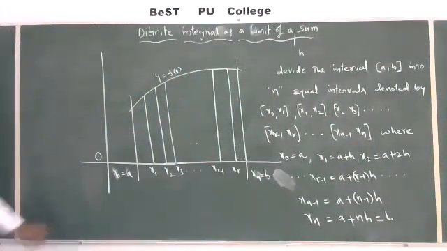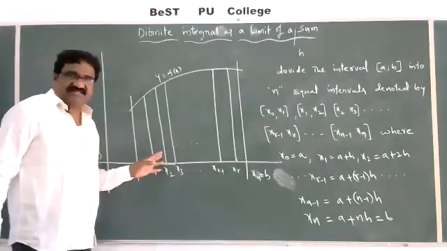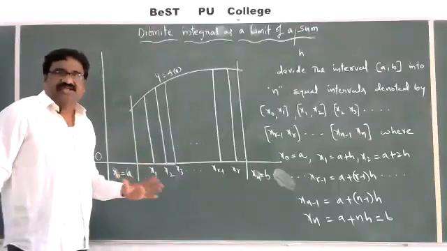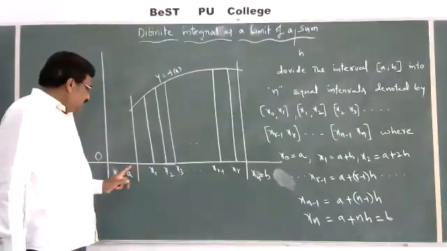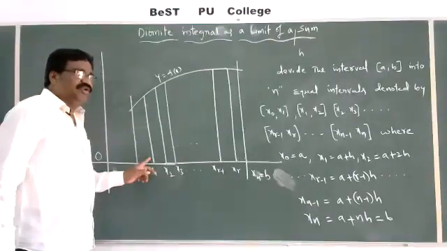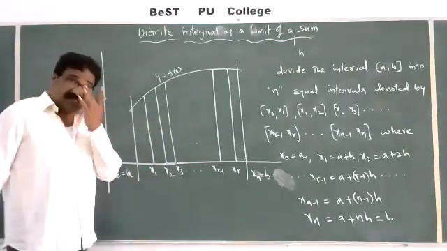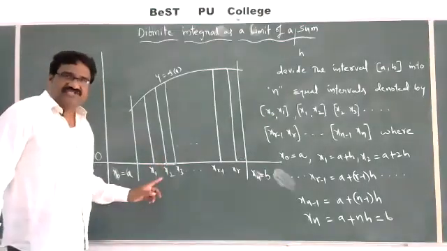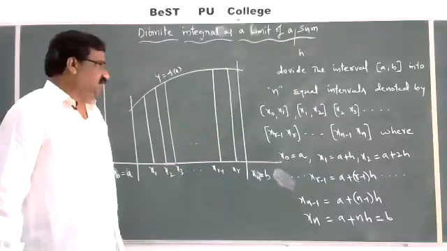So every interval is equal, meaning every interval breadth is h units. So x0 is equal to a. Then increasing h units, x1 you get a plus h. x2, again h units increasing, you get a plus 2h.